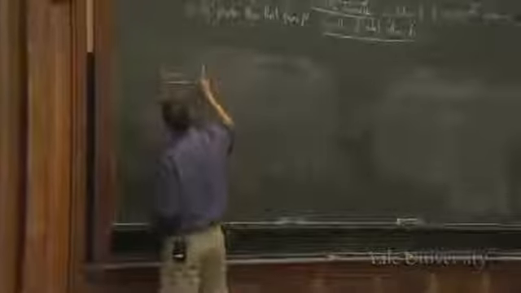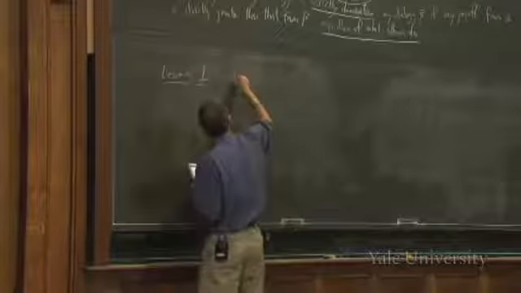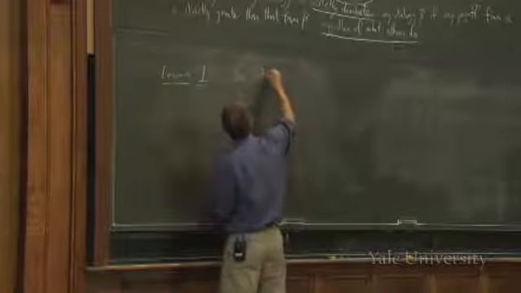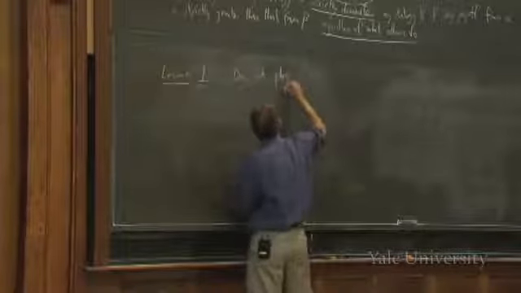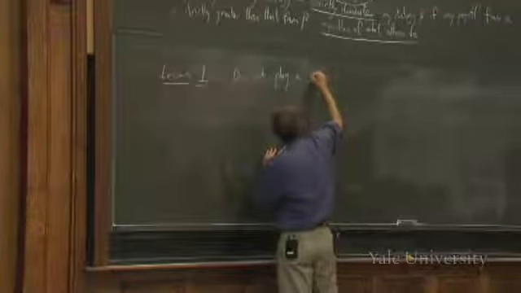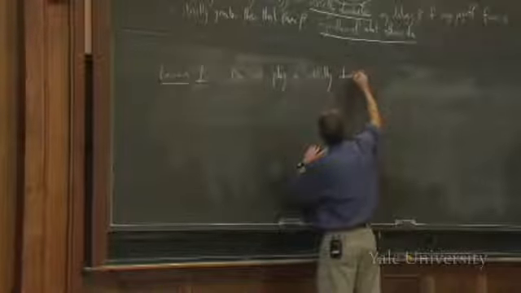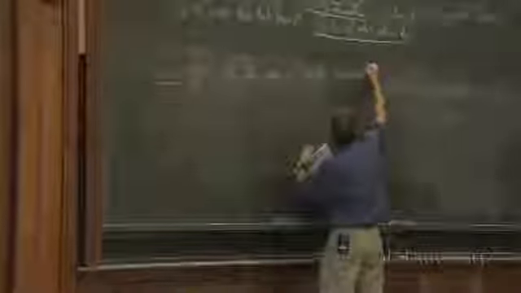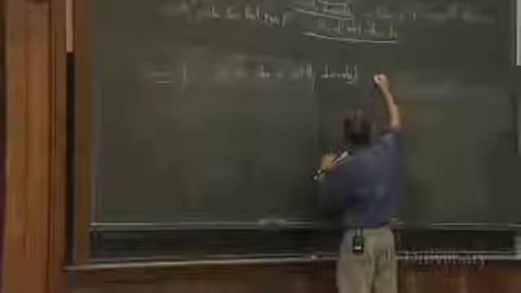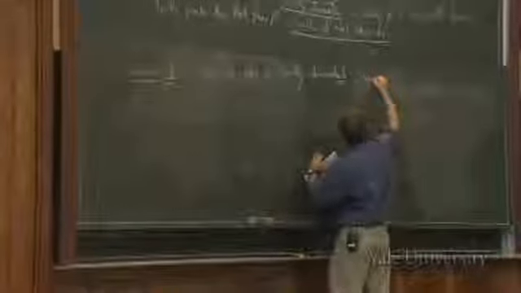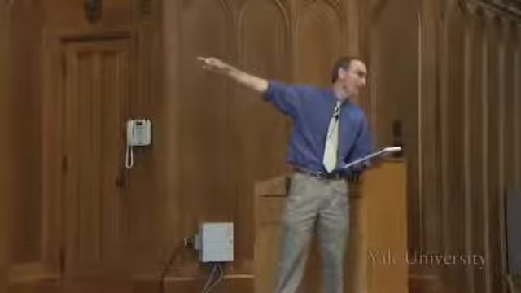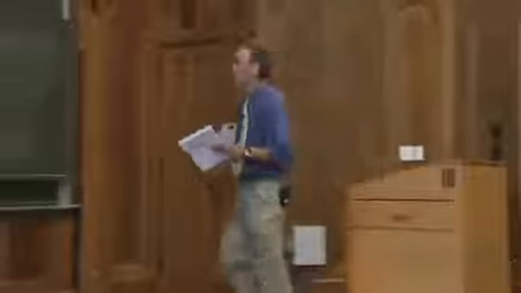Lesson 1 of the course is: do not play a strictly dominated strategy. With apologies to Strunk and White, this is in the passive voice. Do not play a strictly dominated strategy.